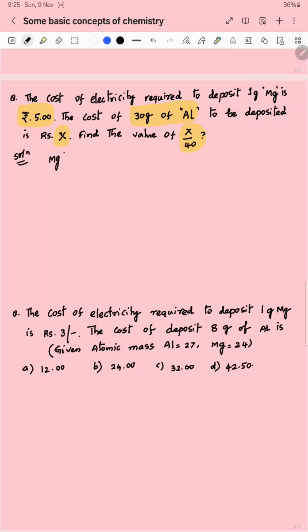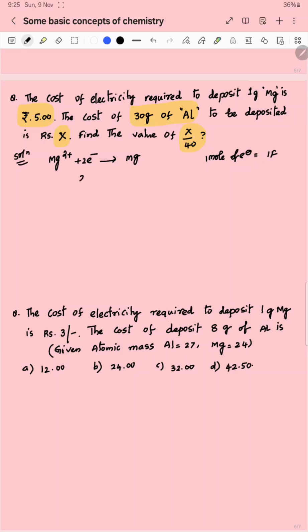Mg2+ plus 2 electrons gives rise to Mg. Right. Here the 2 electrons means 2 moles of electrons. Generally 1 mole of electrons is equal to 1 Faraday, which means 96,500 coulomb.